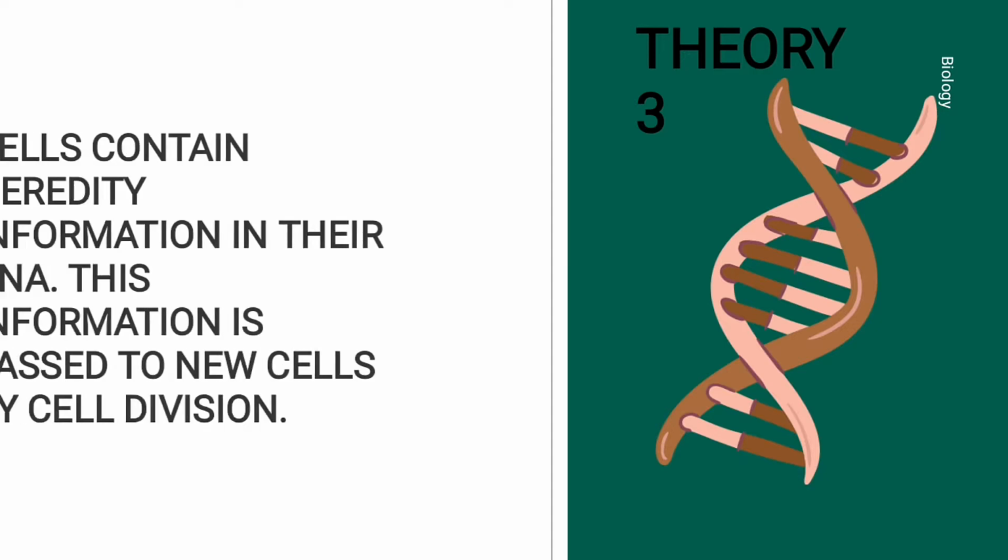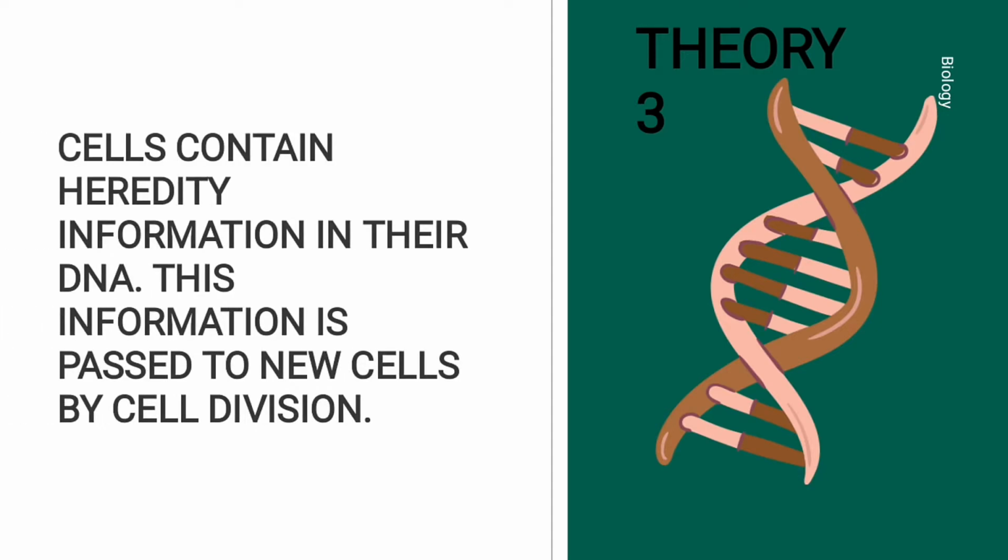And the third theory talks about how cells contain hereditary information in their DNA. And remember, DNA is deoxyribonucleic acid, which is contained in the chromosome of every organism. So the cell contains hereditary information and this information is passed to new cells by cell division.